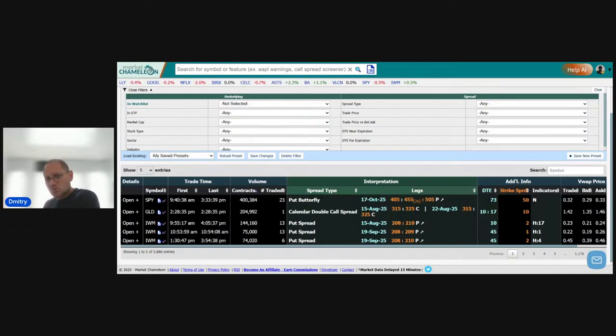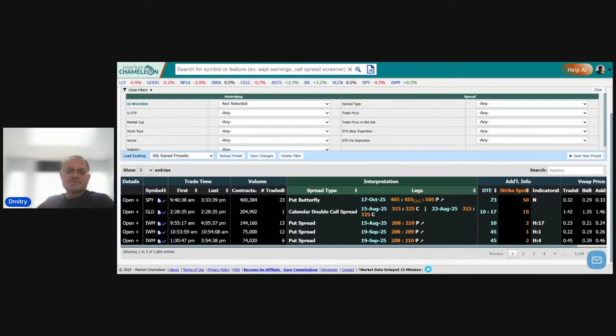It takes the spread trades and puts them separately from single leg trades, because the exchanges do tell you which legs are part of a spread, and then it assembles it and comes up with the most likely spread type, the legs of the spread, the trade time, the price, and so on.